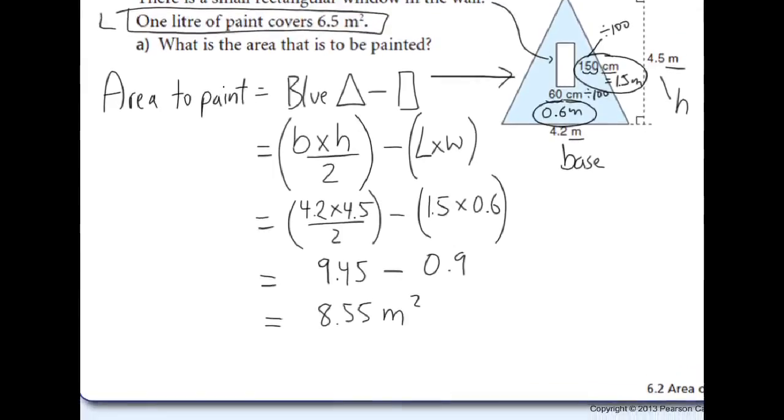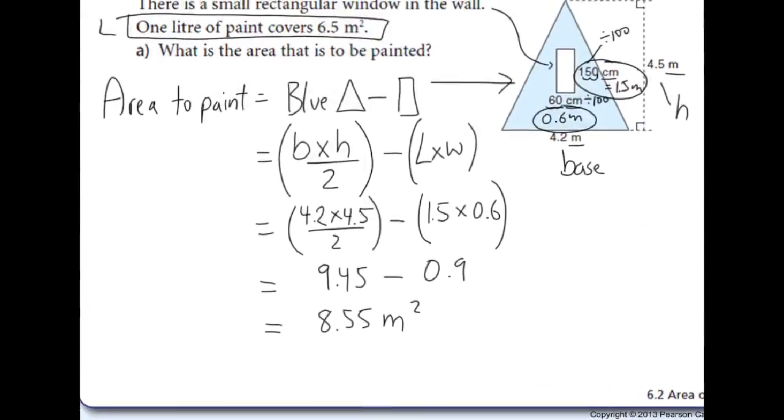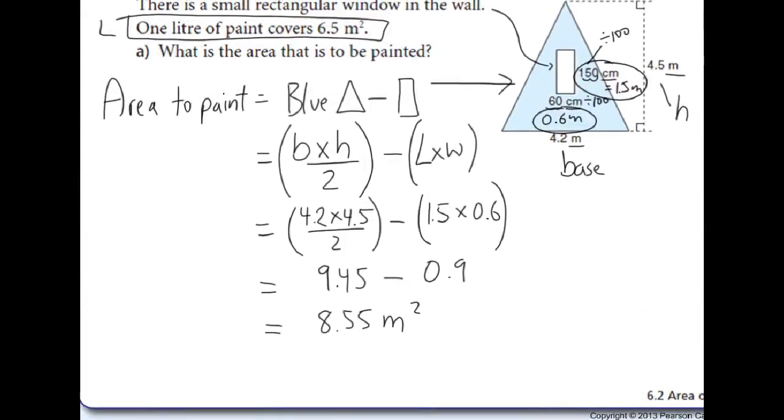Now the next question is, the paint comes in 1 liter cans. How many cans does the owner need? Well, we need to know how much he's painting, 8.55 meters, and here we see that 1 liter of paint covers 6.5 meters.